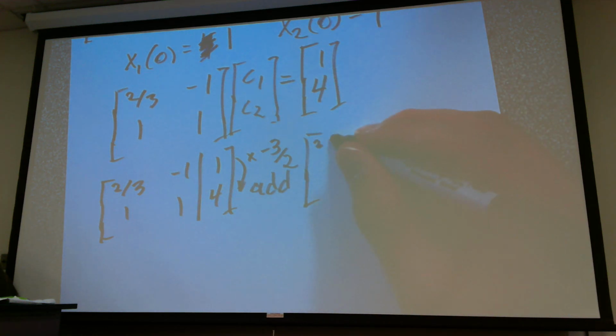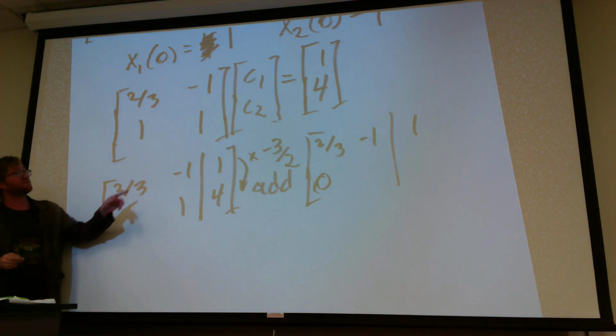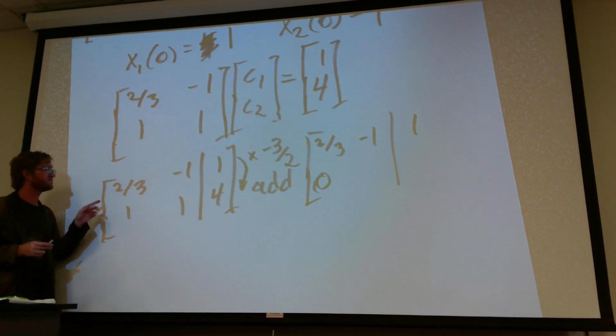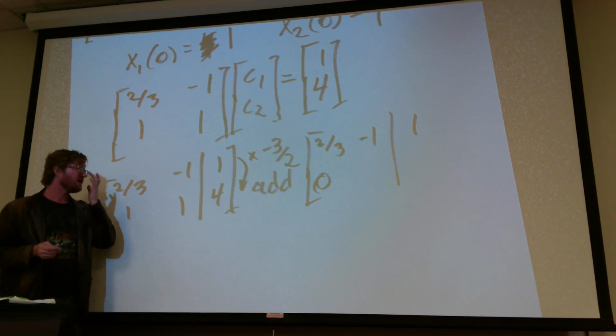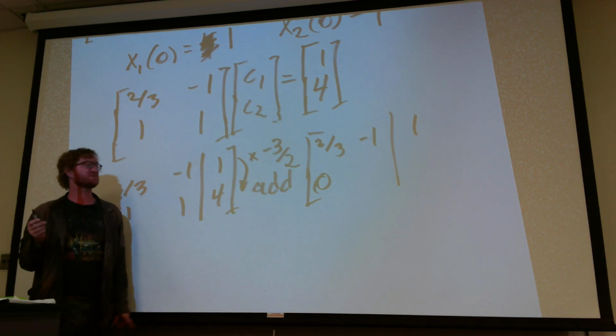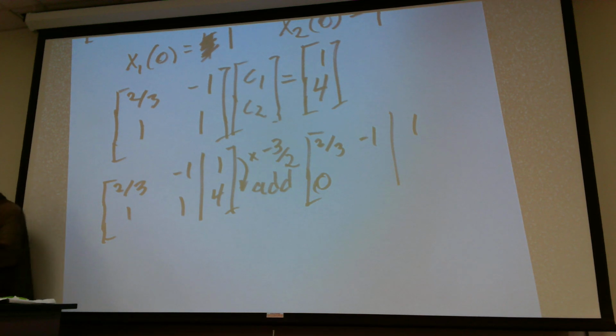We're trying to get that to be a 0. Negative 3 divided by 2 multiplied by negative 1 is going to be a positive 3 divided by 2. Now, a positive 3 divided by 2 plus a 2 divided by 2 would be a 5 divided by 2.